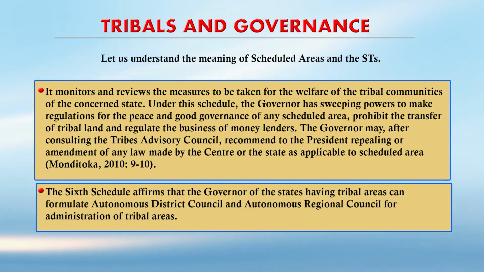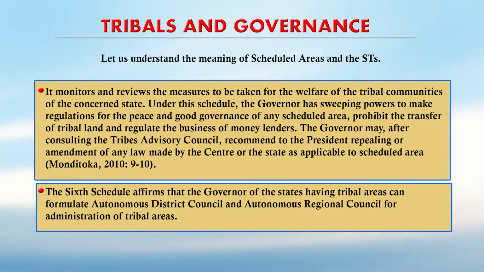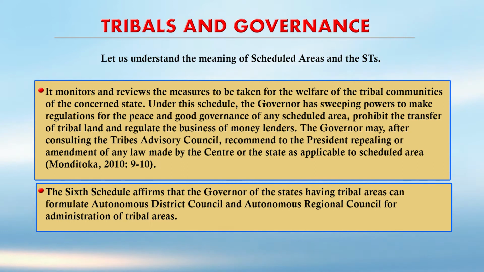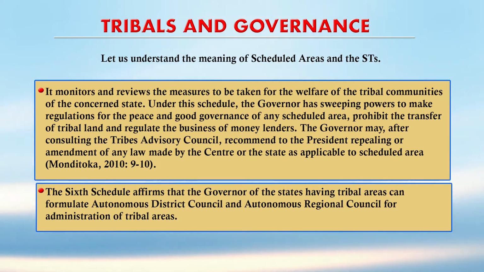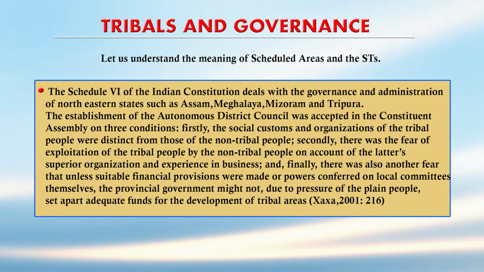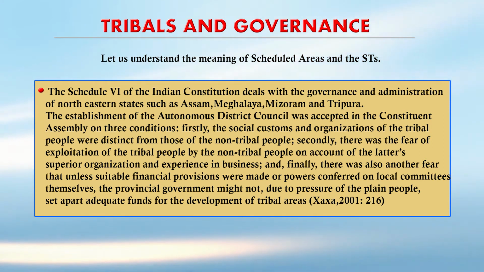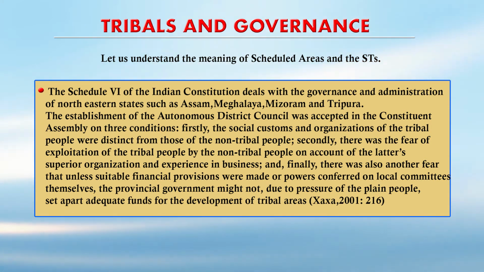The Sixth Schedule affirms that the Governor of the states having tribal areas can formulate autonomous district councils and autonomous regional councils for the administration of tribal areas. Schedule 6 of the Indian Constitution deals with the governance and administration of northeastern states such as Assam, Meghalaya, Mizoram, and Tripura.